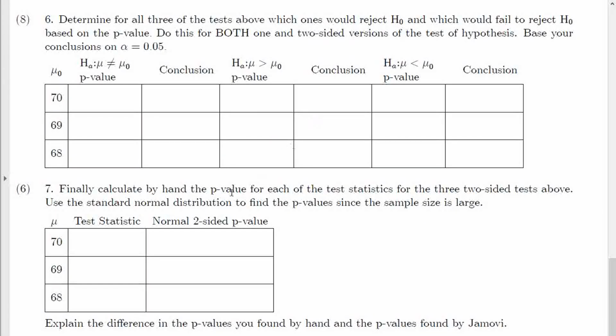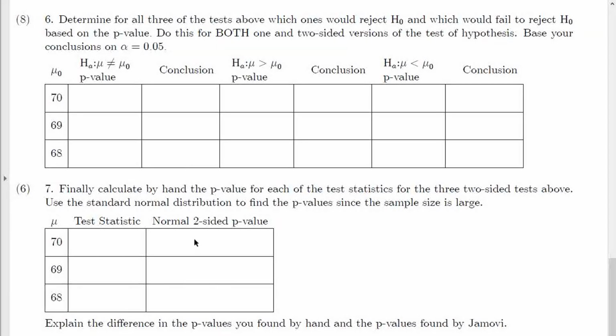And then you're going to calculate by hand the p-value for each of the test statistics for the 3 two-sided tests. So these 3 two-sided tests, you want to calculate by hand your test statistic and then your p-value. So your test statistic, again, is x bar minus mu divided by s over root n.